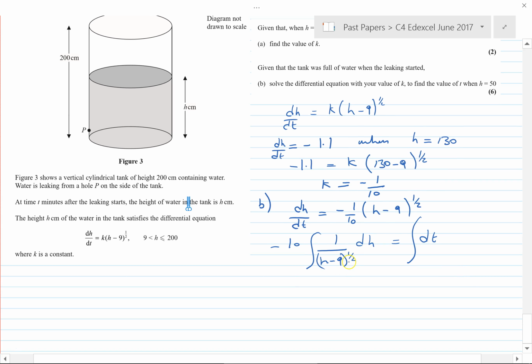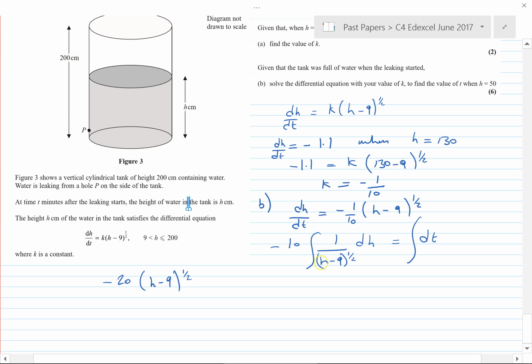This integrated, well, there's nothing much with that. It's just adding 1 to the minus half. That's a power of minus half. Add 1 to that, that's a half. Divide by that, so it's minus 10 divided by a half, because we've got minus half plus 1, which is a half. So that's minus 20 h minus 9 to the power of half.